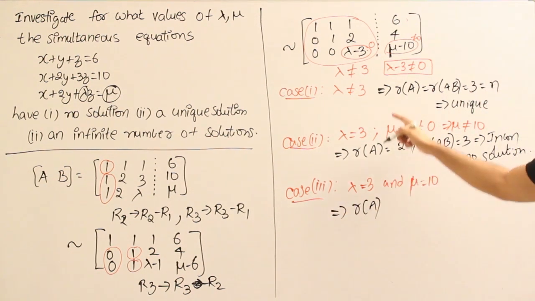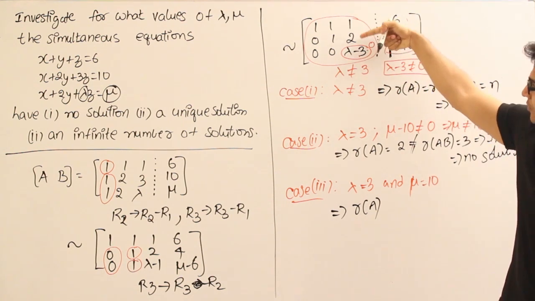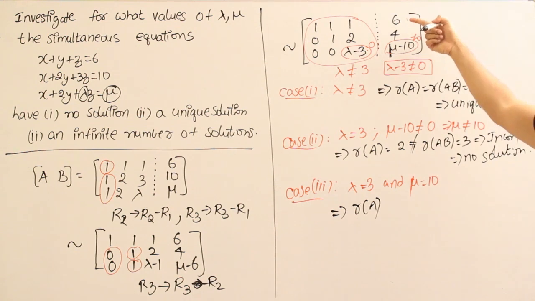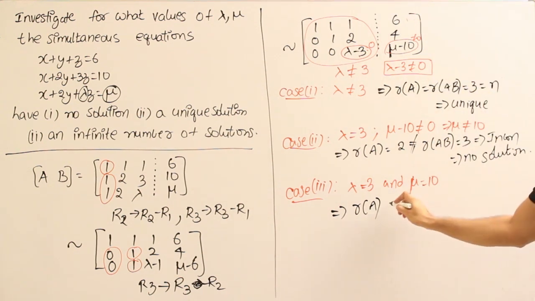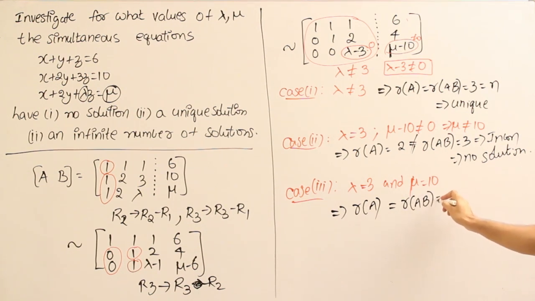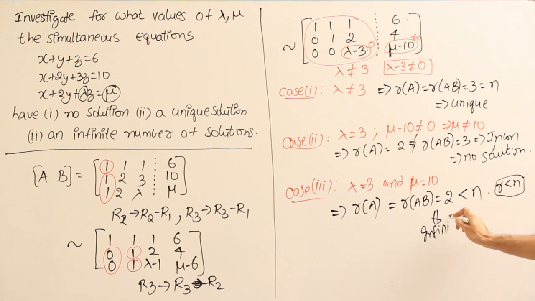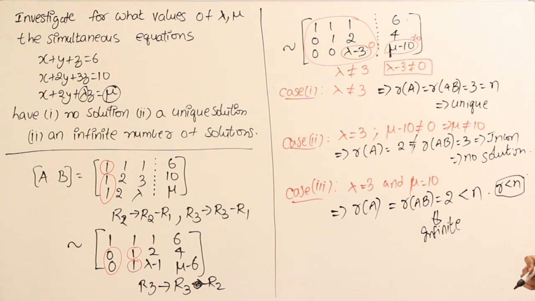I think you are getting it. In this case, rank of A equals rank of AB equals 2, which is less than the number of unknowns. So whenever r is less than n, what can we say? There will be an infinite number of solutions. The number of solutions will be infinite.